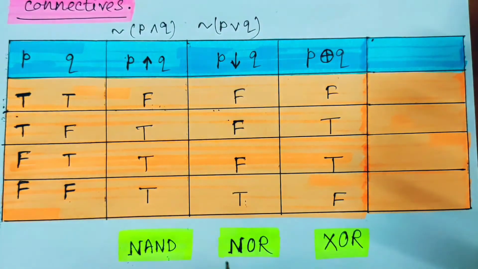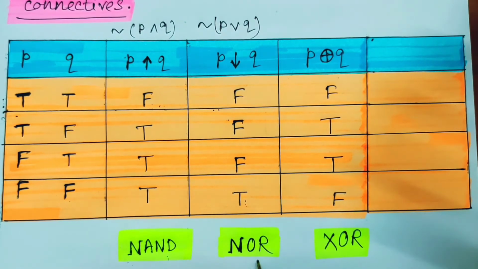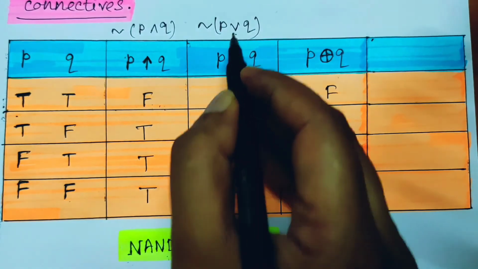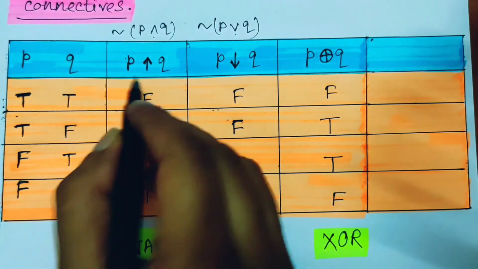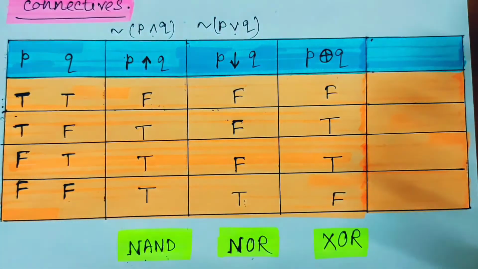Its name is NOR, not or, the negation of or. If we take the negation of these two, we find two other connectives: one is called the NAND, another is called the NOR. NAND is denoted by the upper arrow and NOR is denoted by the lower arrow.